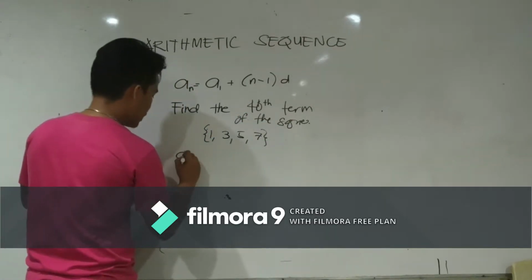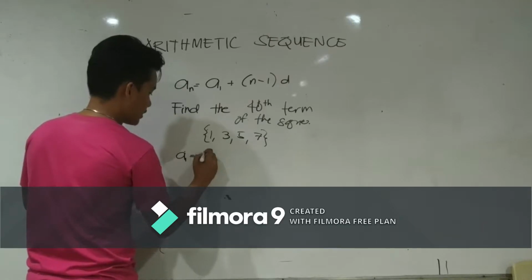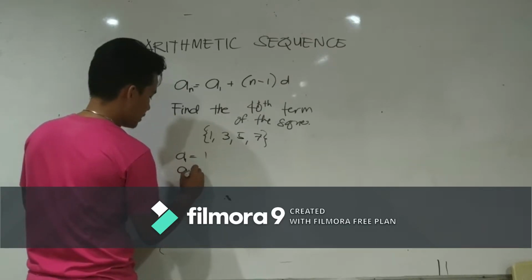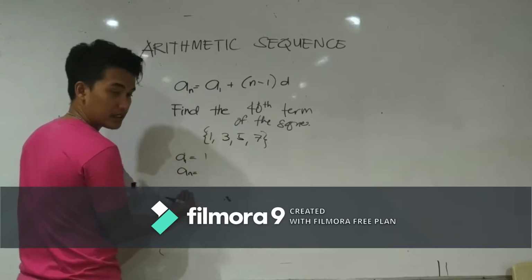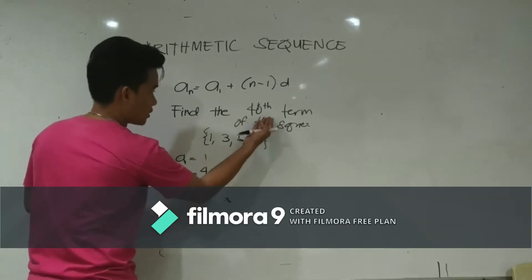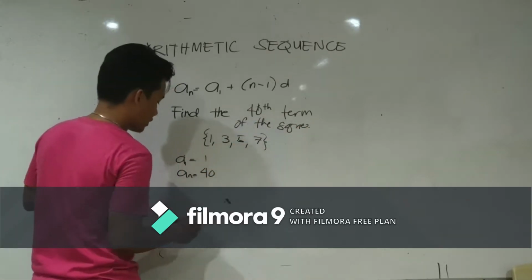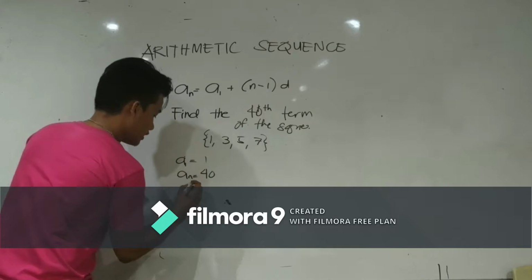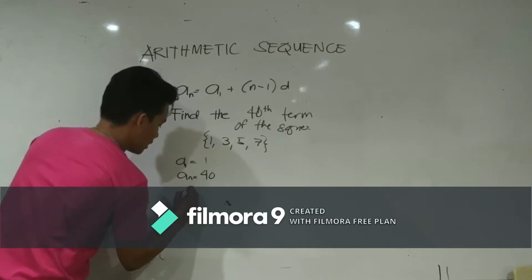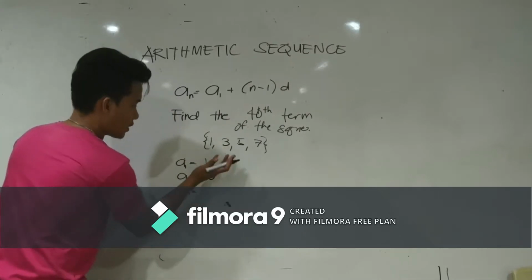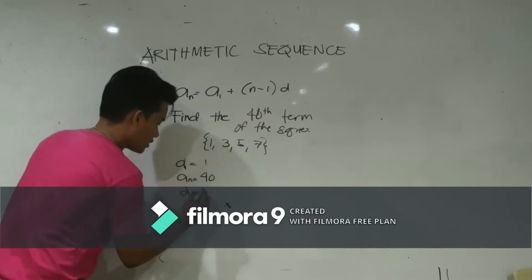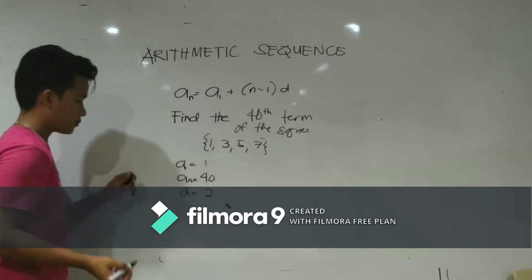Now our a sub 1 is 1. Our n is 40 because we need to find the 40th term. And our common difference is, for example, 3 minus 1, so our common difference is 2.